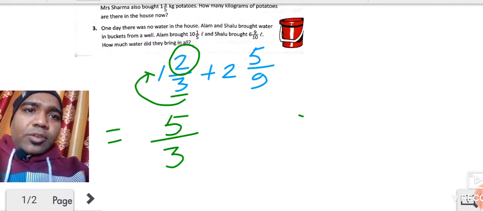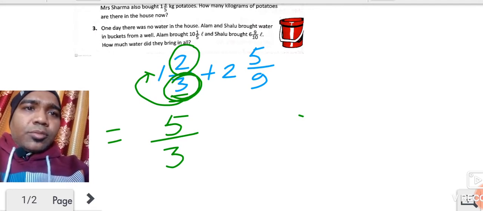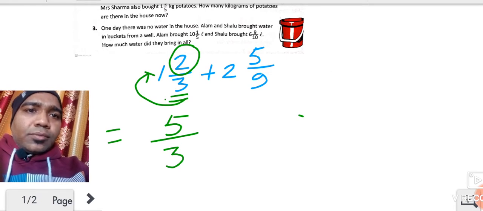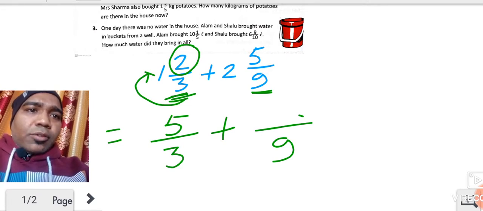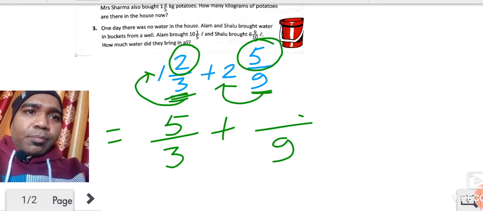Denominator as it is you write. Don't make any effort on what to write in the denominator. 3 is in the denominator, so 3 you will write. Here 9 is in the denominator, so here also 9 you write. Got it? Now in the numerator what will we write? This 9 into 2 will get how much? 18. And to 18 we'll add 5.